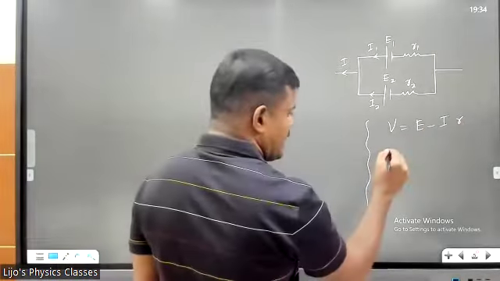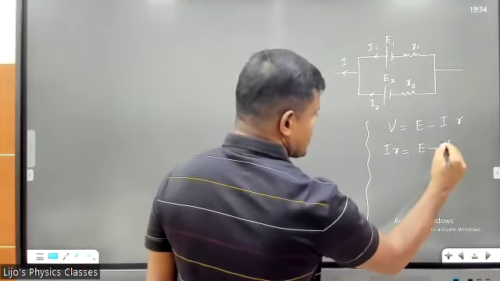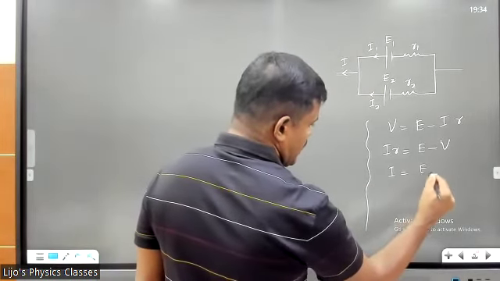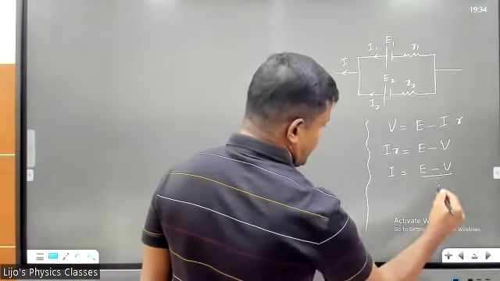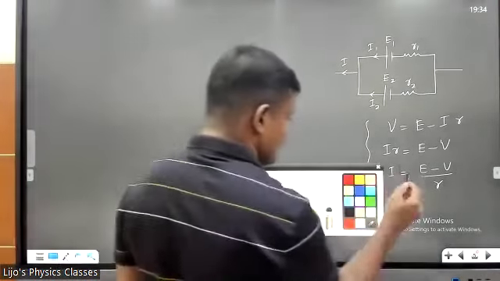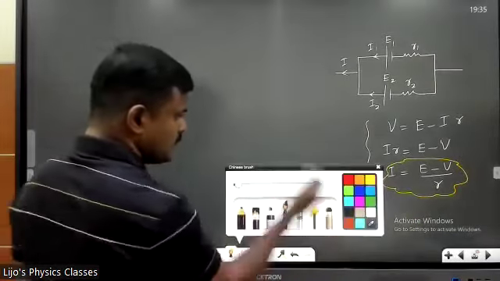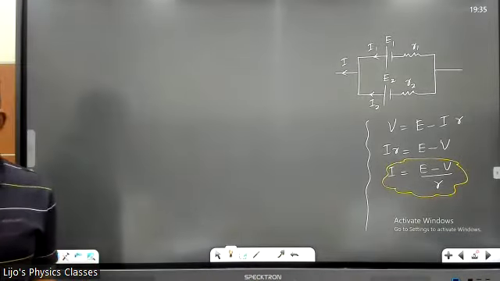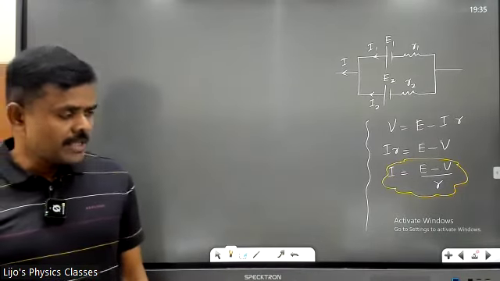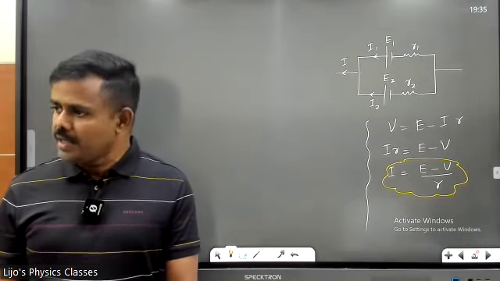Getting this IR to the left hand side, IR is equal to E minus V, or I is equal to E minus V by R. We will need it later. You can put it in a box.